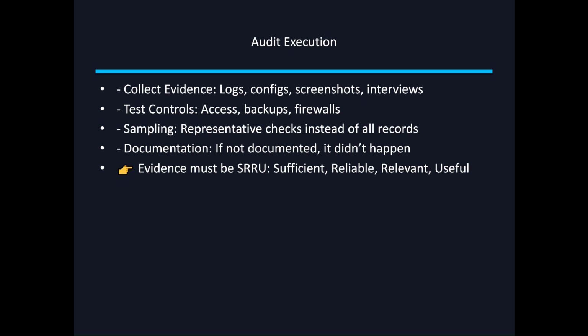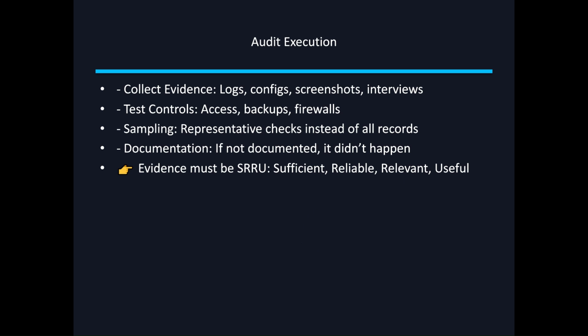Now, what would be the quality of good evidence? Evidence must follow SRRU: sufficient, reliable, relevant, useful. Sufficient means the evidence should be enough to support the conclusion. Reliable means the evidence has come from a trusted source.